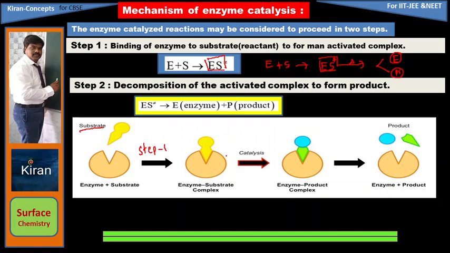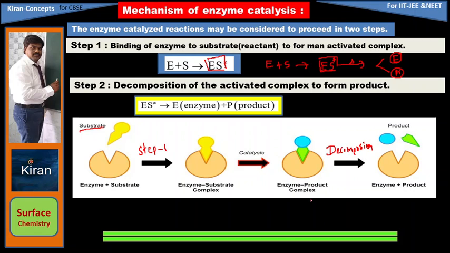Then the activated complex in the presence of catalyst, what will happen? Enzyme product complex. This is the activated complex. And after that, the activated complex undergoes decomposition. It means it divides into the enzyme and these products.